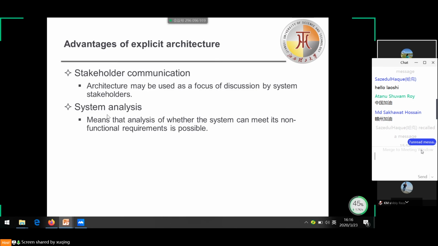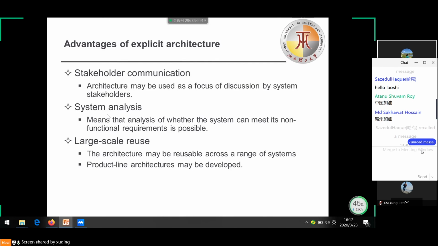The third advantage is for the large-scale reuse. A model of a system architecture is a compact, manageable description of how a system is organized and how the components interoperate. The system architecture is often the same for systems with similar requirements and so can support large-scale software reuse.